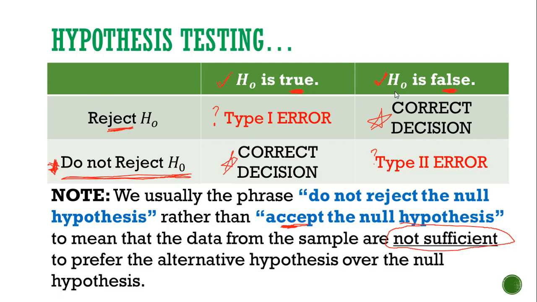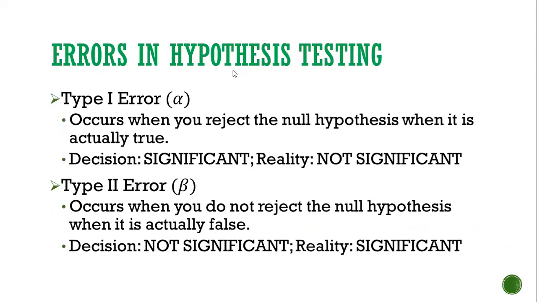So make sure na later on in your activities, you need to come up with the correct decision and avoid errors later on. Okay? So I will now clear the writings. We move on to the next slide.